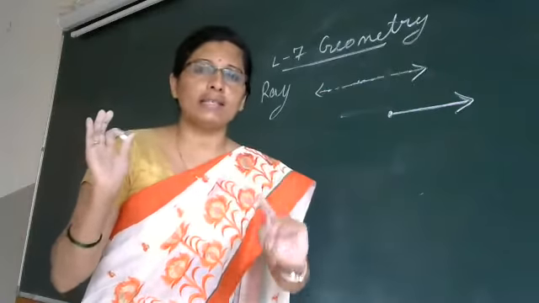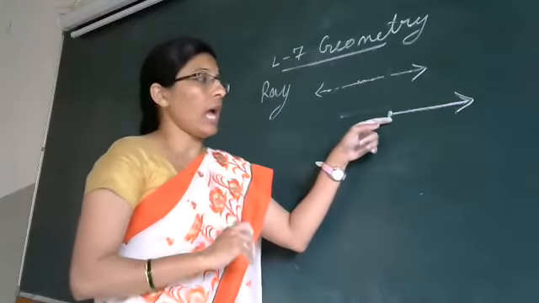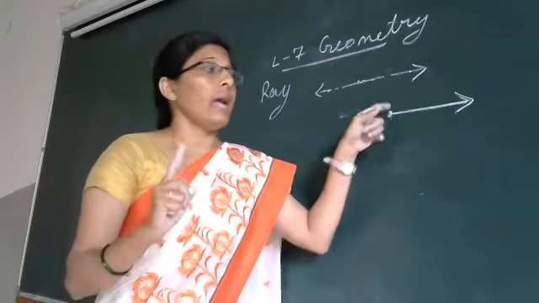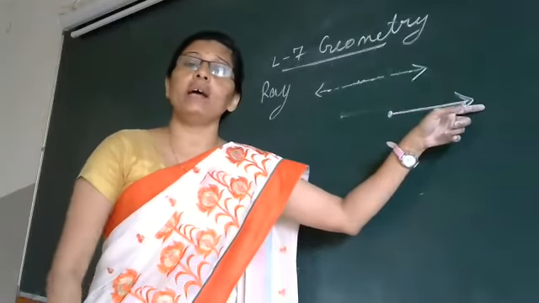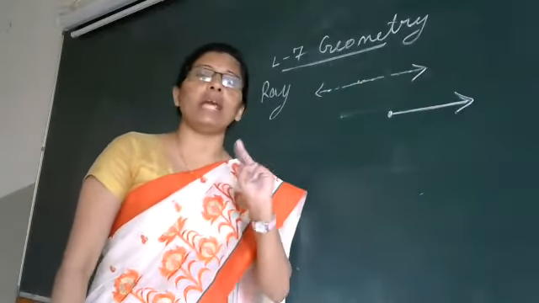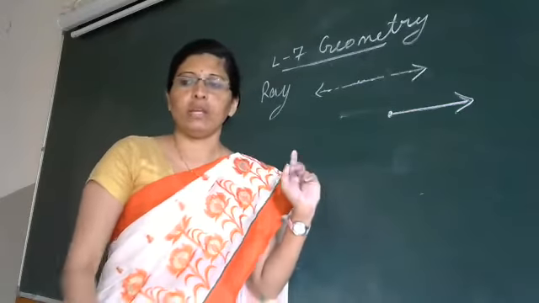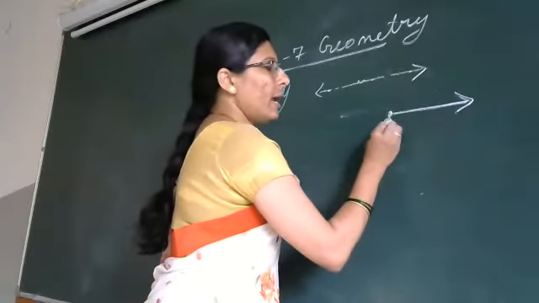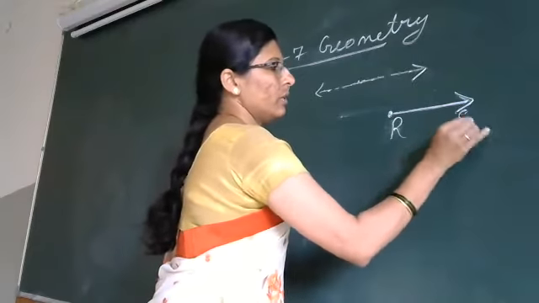Okay, so a ray is also a part of a line which has one endpoint and from the other side it extends. That is a ray. Okay, and a ray also we can name by any two capital alphabets. For example, ray ST or RS.